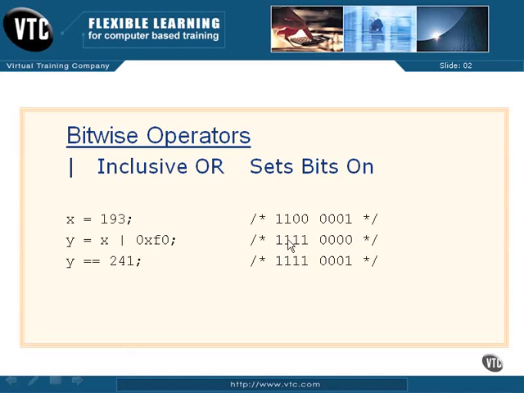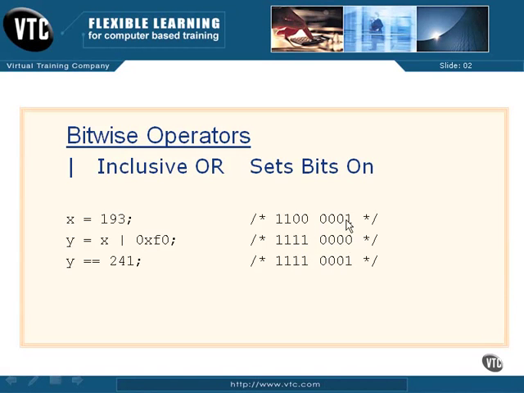If this bit or this bit, then it should be on. This one or this one, it'll be on. This one or this one turns on. This bit or this bit are not turned on, so we get a 0. This one or this one, nope. Nope.